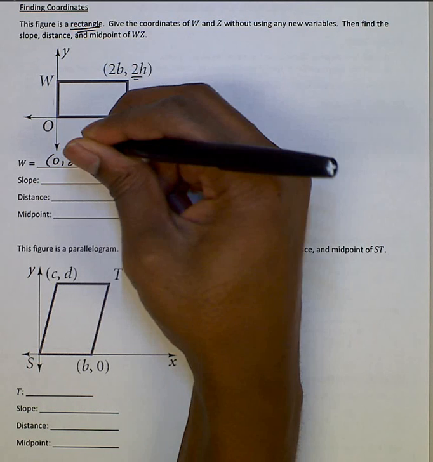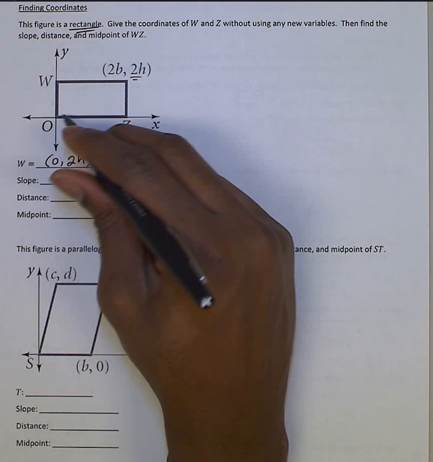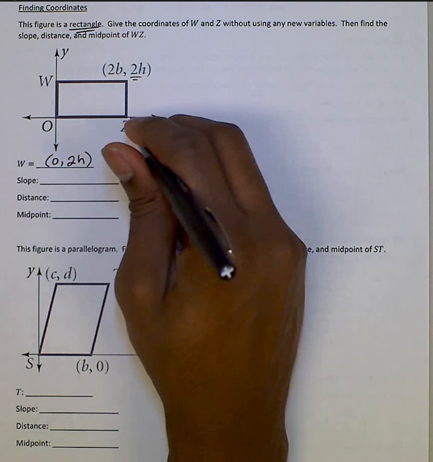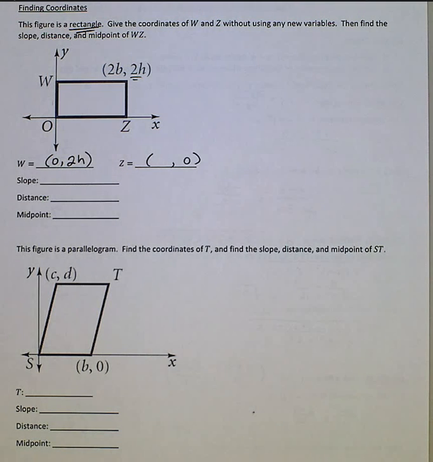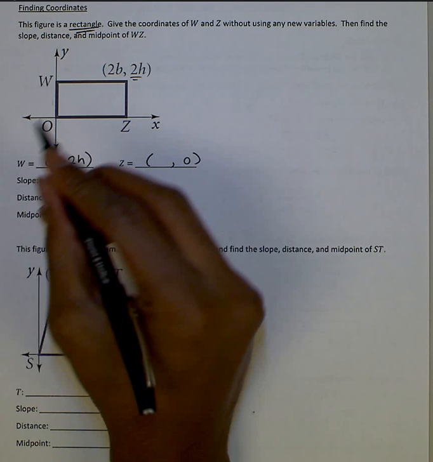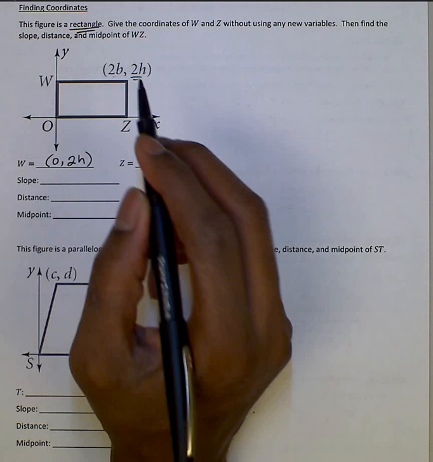So our coordinates for W are 0, 2h. Z is on the x-axis here, so we already should know its y coordinate is 0. It didn't go up or down any. Now we have to say how far over did it go? Well, it went as far over as this point did, 2b.